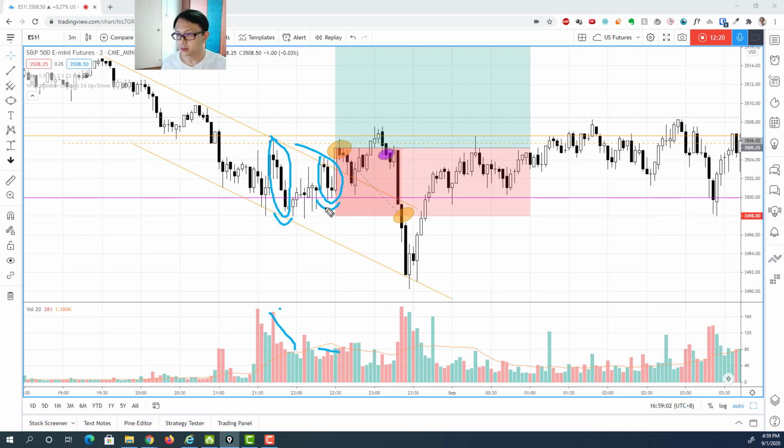So this is definitely a higher low with decreasing supply level, and just right after the breakout, touching this resistance level, we have another reaction. So this is another reaction.